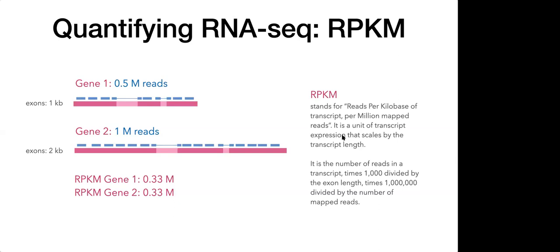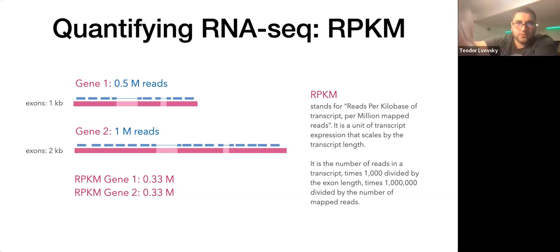Okay, so it's kind of a complicated thing. So let's read it again. Reads per kilobase of transcript per million mapped reads. So when the transcript is long, then the RPKM increases in a sense. Well, actually, you'll see it kind of decreases in reality. So why is that the case?